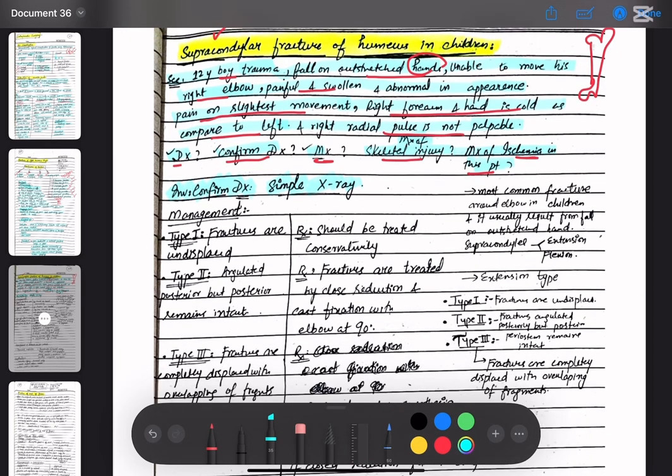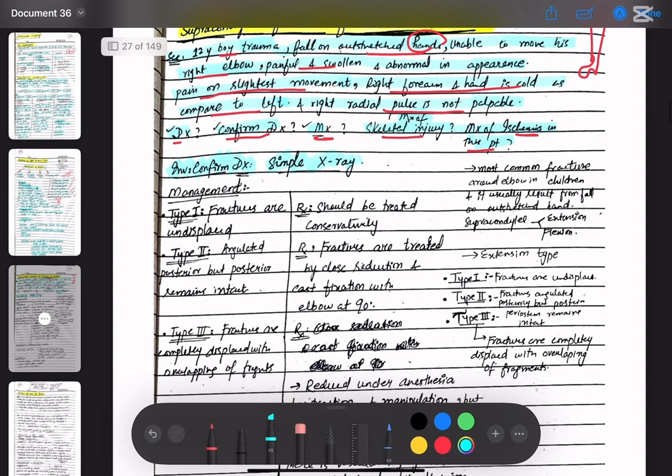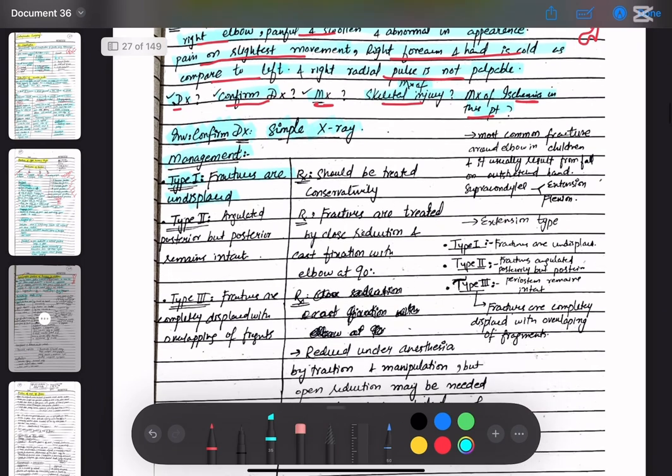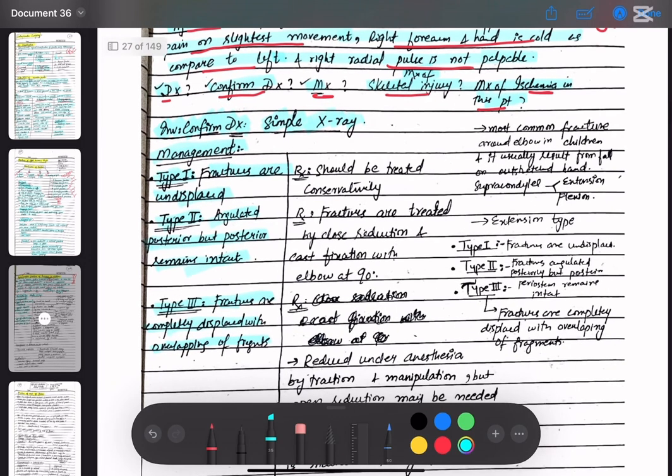Now the management options. So first of all, type 1 fractures are undisplaced. In type 2, angulated posteriorly but posterior cortex remains intact. In type 3, fractures are completely displaced with overlapping of the fragments. So the treatment is that it should be treated conservatively, and the fractures are treated by closed reduction and cast fixation with elbow at 90 degrees.